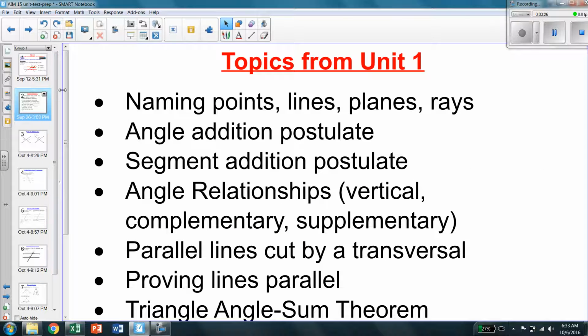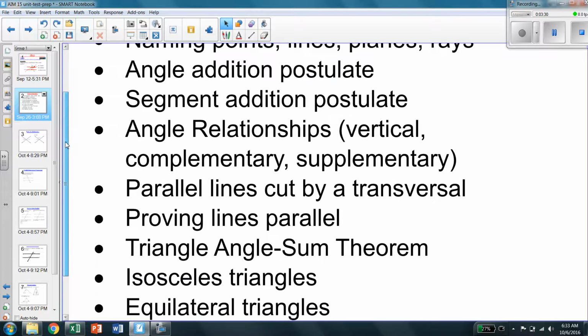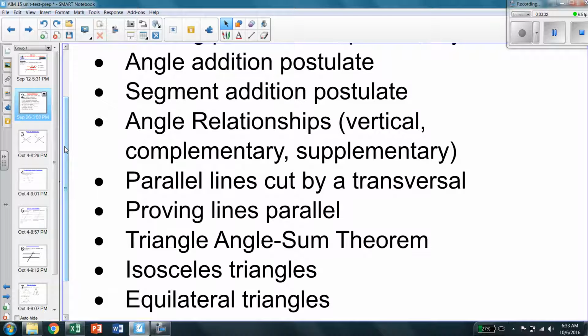Here's some topics. You need to know how to name points, lines, planes, rays. Angle addition postulate. You can add angles up together. That's what we used in our do now. Segment addition postulate, angle relationships, vertical, complementary, supplementary, parallel lines cut by a transversal, and the special angles they form. Or if we don't know that the lines are parallel, how can we use relationships to prove that they are?